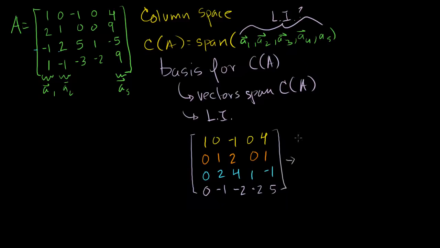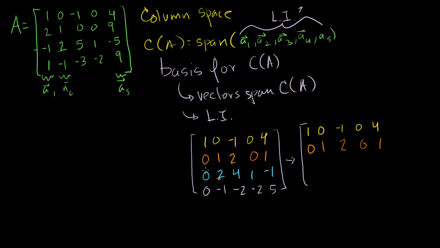Now let's do another round of row operations. Well, we want to zero all of these guys out. Luckily, this is already 0. So we don't have to change our first row or our second row. So we get 1, 0, minus 1, 0, 4. Our second row becomes 0, 1, 2, 0, 1. And now let us see if we can eliminate this guy right here.